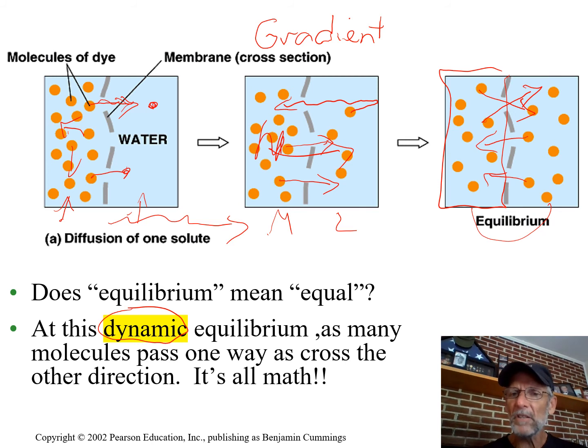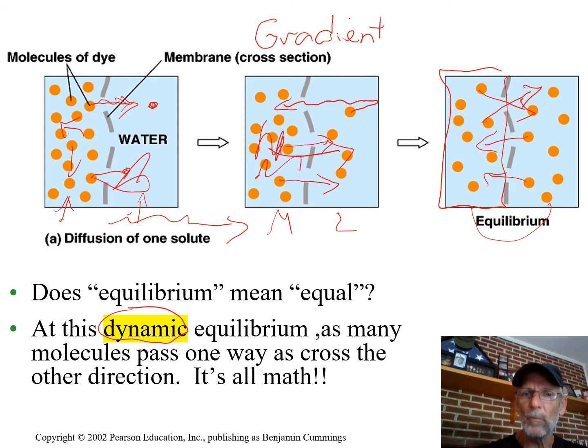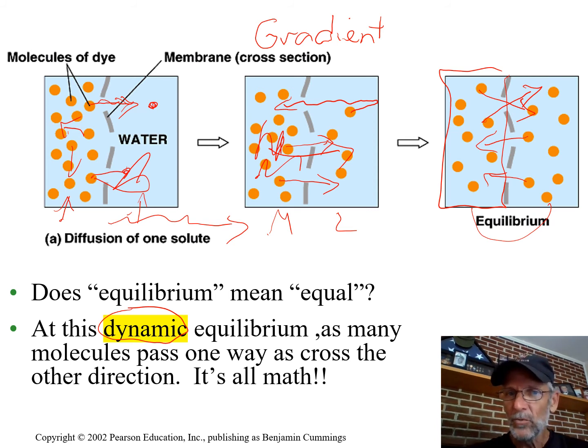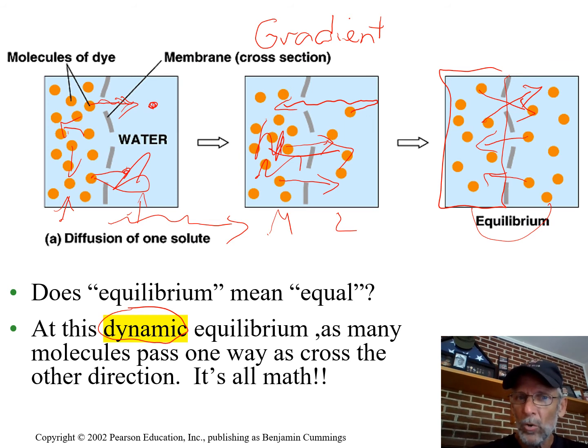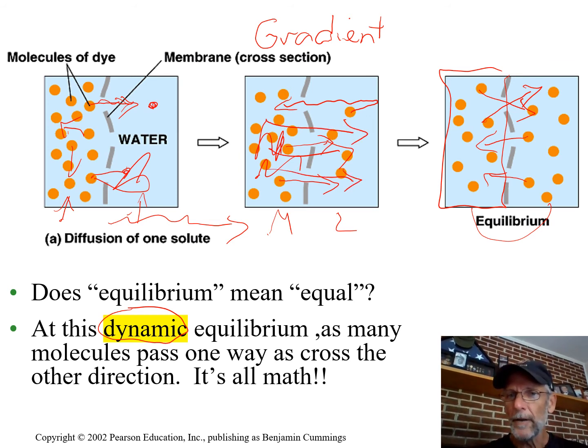But here we have a state where there is not going to be any change. Unlike these two places where as time went by there was change, here we're not going to have any, what kind of change? Net change, right? No net change. What's that mean? Here's what it means vocab-wise. When we talked about more particles moving from more to less over here, we said they're diffusing.